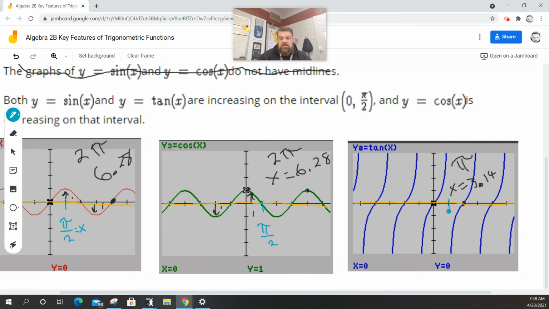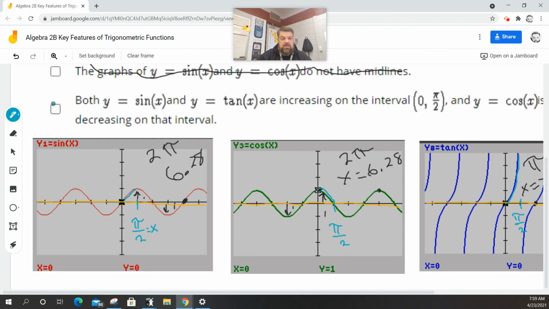And this is pi over 2. So yeah, that's true, because from here to here, this is increasing. From here to here, this is increasing. And cosine is decreasing. So that last one's true as well. And that's it for that one.